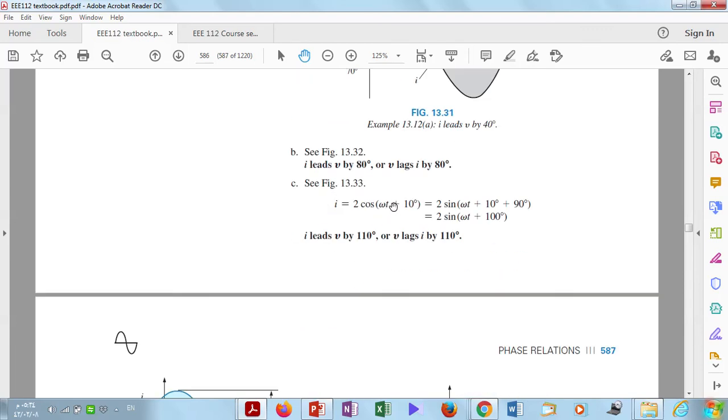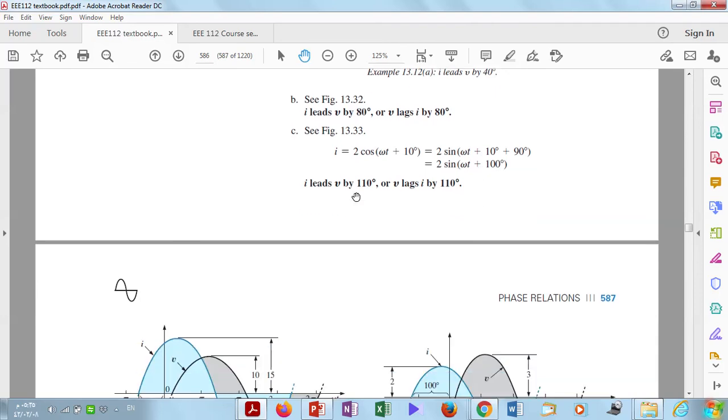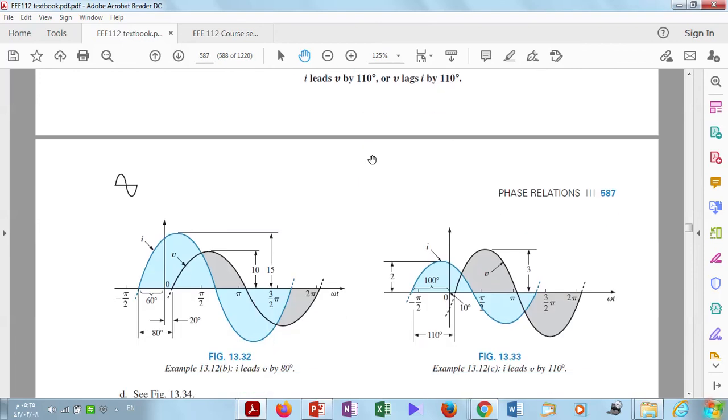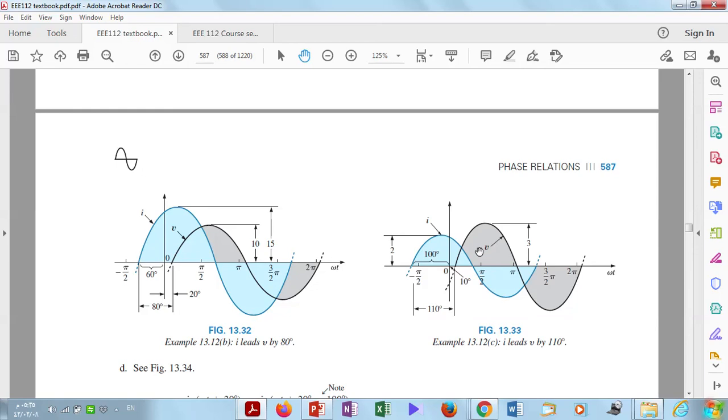See here, we can convert cosine to sine if we add 90 degrees. 10 plus 90, as we mentioned before, will be 100. Now we can compare this current with this voltage. Let us draw part C, the current. See here, this is the waveform for part C.